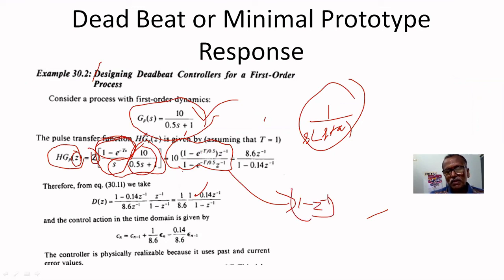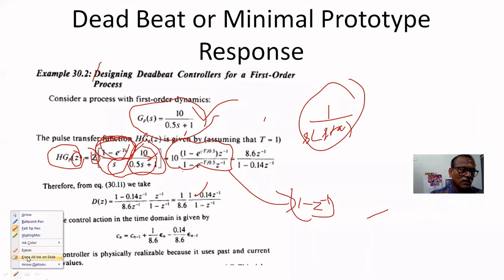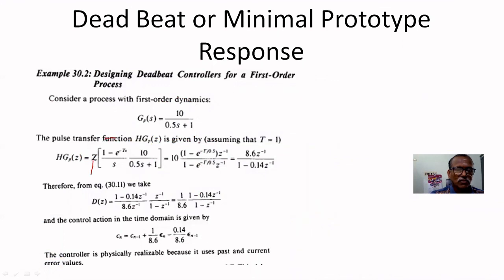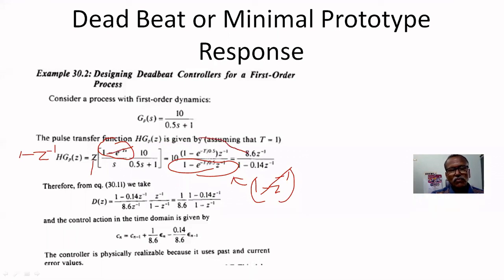But that is getting cancelled with this term, which comes from the 1 minus z power minus 1 multiplied in the formula. Therefore, you got this as the z transform for HGP of z.